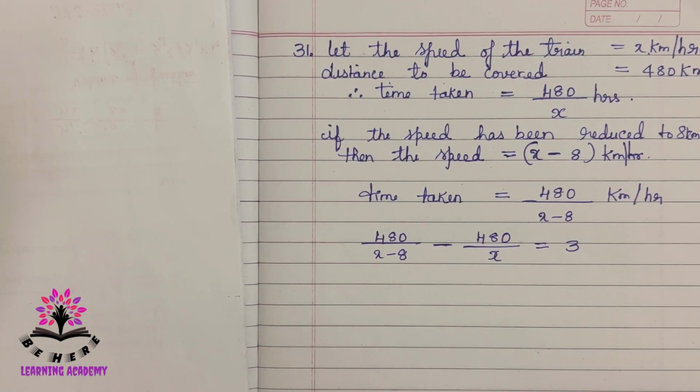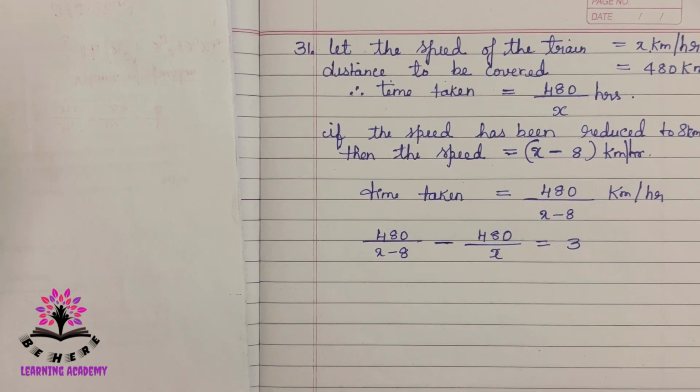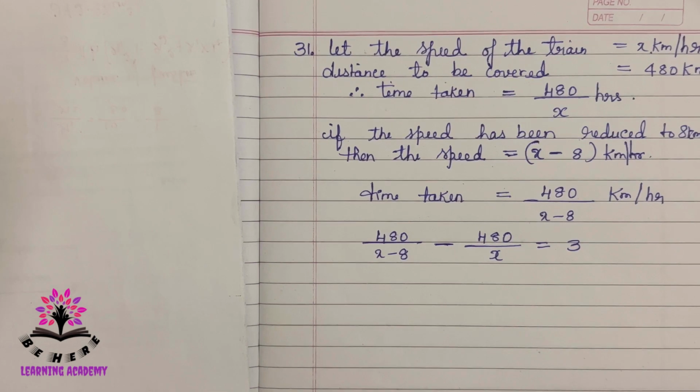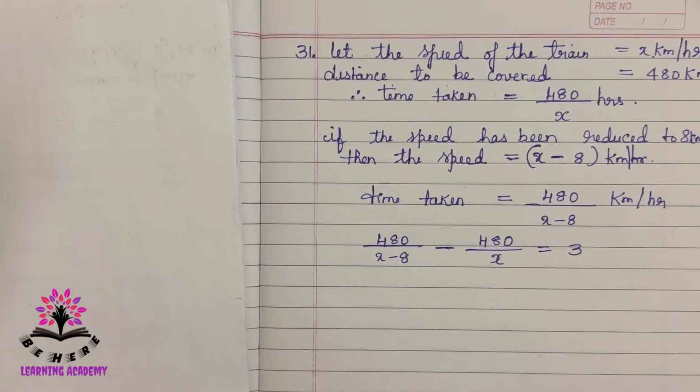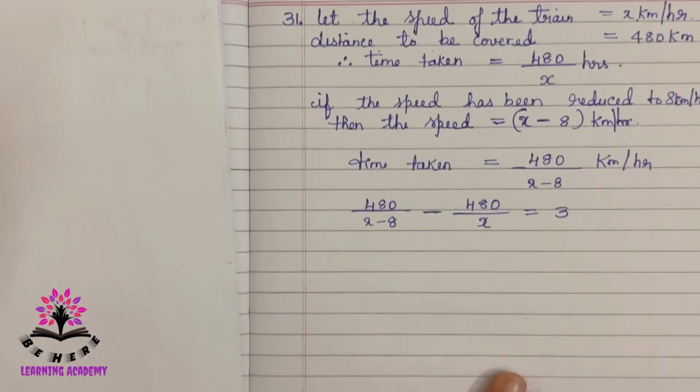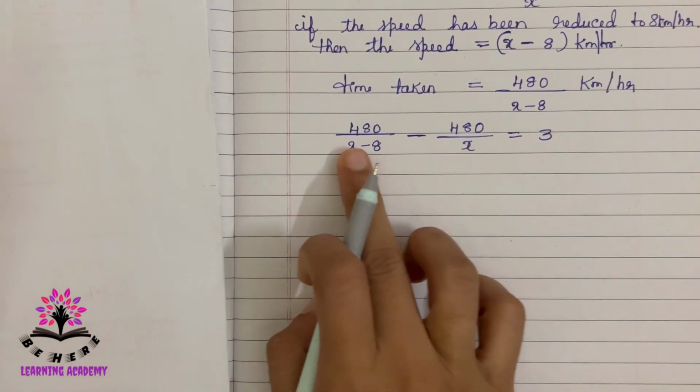It is equal to 3 because it is mentioned in the question it would have been 3 hours more to cover the same distance. So it will be equal to 3. Now let us calculate this. First you need to find out the LCM here.